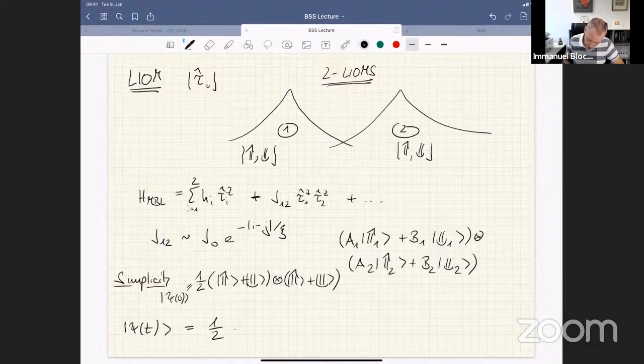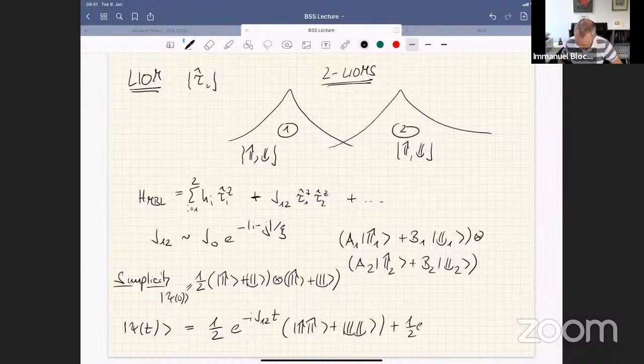So we're going to have 1/2 e to the minus i J12 t times the up-up plus down-down configuration, plus 1/2 e to the i J12 t times the up-down plus down-up spin configurations. Is that clear to everybody? So that's basically what I have in the time evolution of the system.